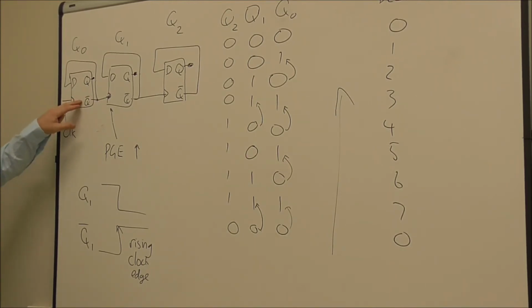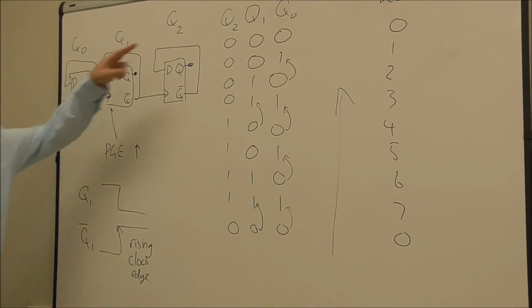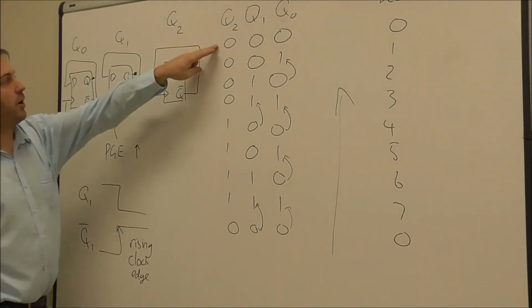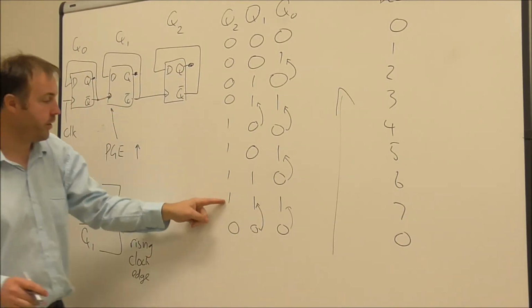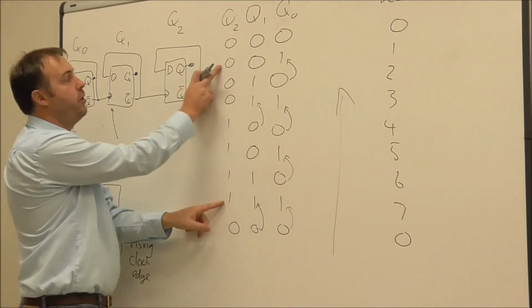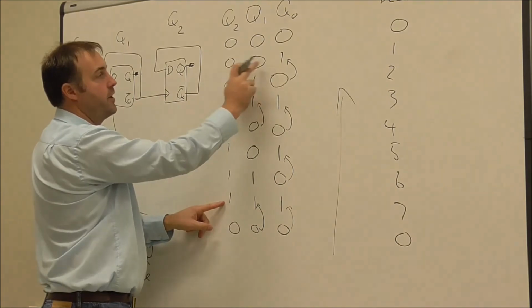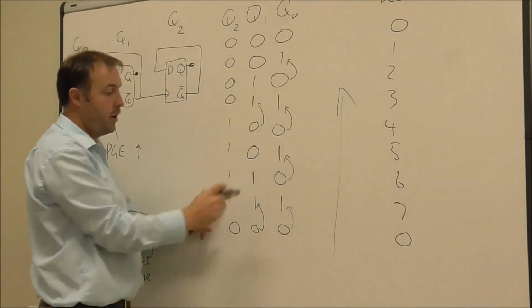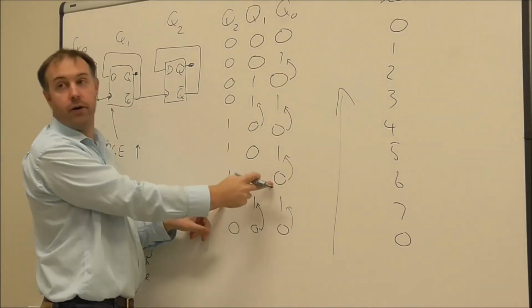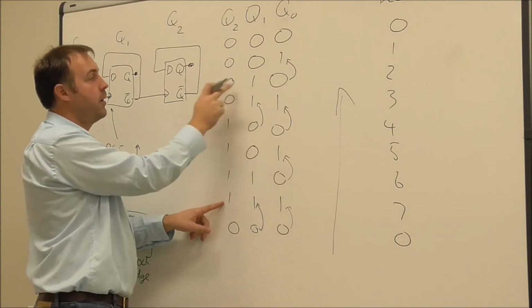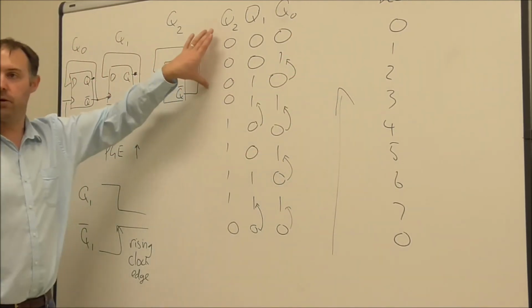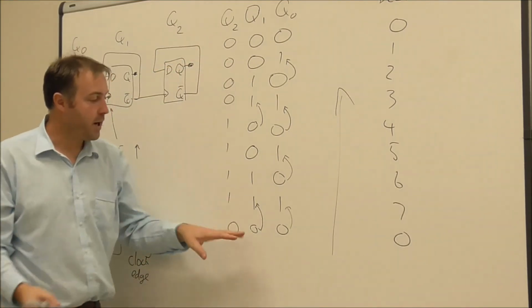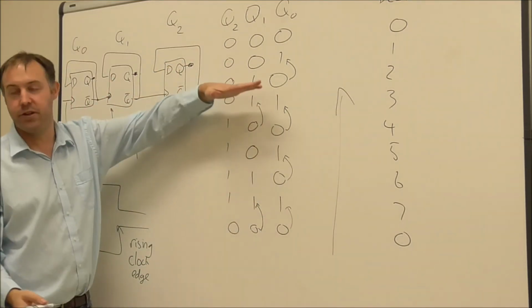So Q bar, if Q is 0, 0, 0, 0, 0, Q bar is going to be 1, 1, 1, 1, isn't it? When Q is 0, 0, 0, 0, 0, 0, 1, Q bar is going to be 1, 1, 0. Okay, can you see how as I go down this way on Q, then Q bar is going to have the going up this way.